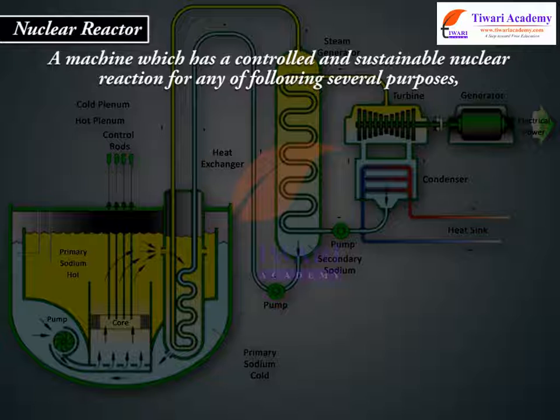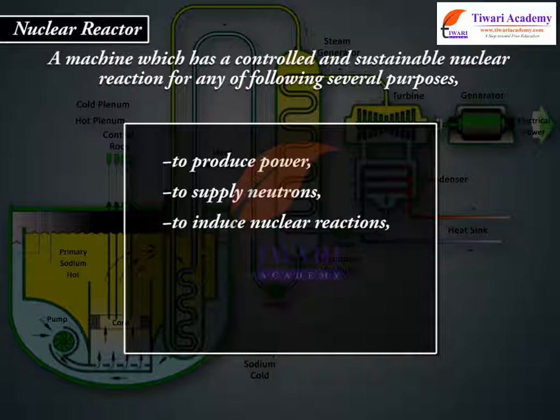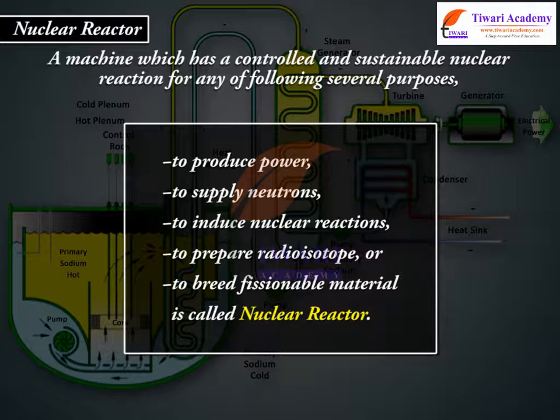A machine which has a controlled and sustainable nuclear reaction for any of the following purposes: to produce power, to supply neutrons, to induce nuclear reactions, to prepare radioisotopes, or to breed fissionable material is called a nuclear reactor.